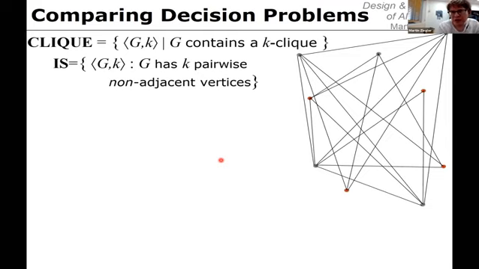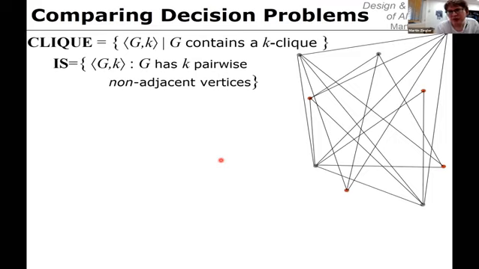Why is that again a polynomial time algorithm? Because flipping the edges only takes polynomial time, right? There's a polynomial number of edges, at most quadratically many, and then feeding the resulting graph, the complement graph, to the hypothetical algorithm for the clique problem.